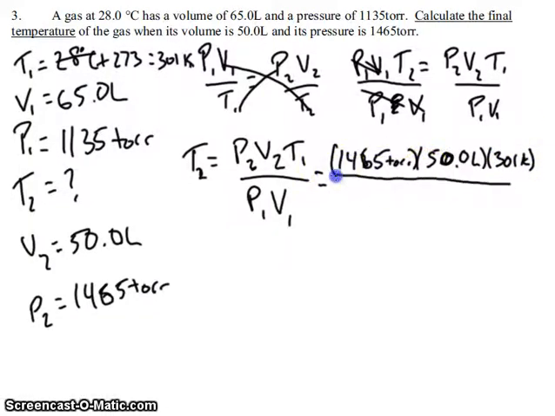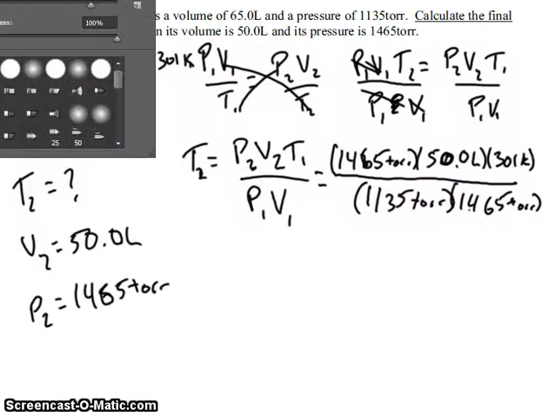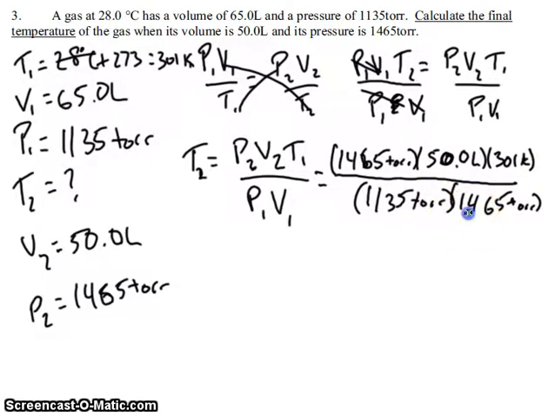And then we're going to divide this all by my P1, which was 1135 torr, and 1465 torr. That looks like a decimal point. I'm going to get rid of that. There we go. So now I'm ready to plug this in my calculator, find out what T2 is equal to.